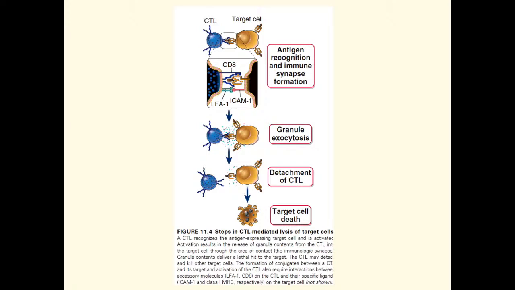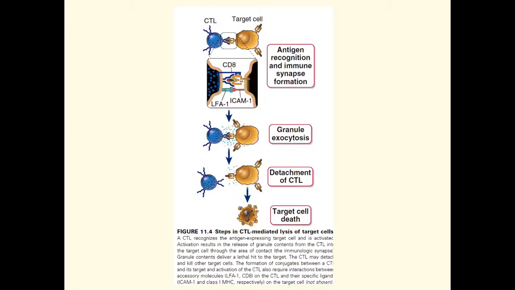And after the formation of the immune synapse, there is a mechanism, and I told you in the beginning that those T cells destroy the target cells by releasing some granules, like perforins and enzymes.